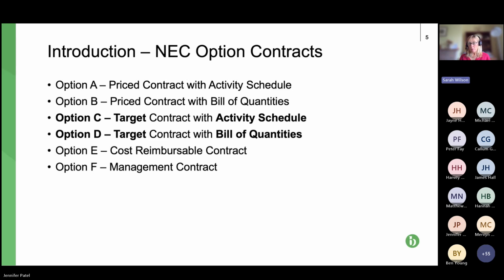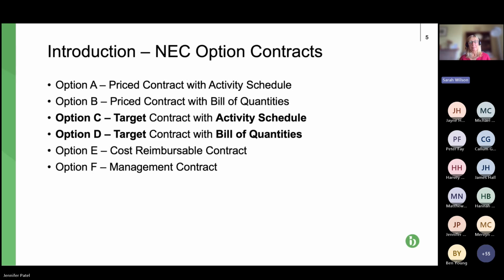As with option A and B, as with all fixed price contracts, the price can be increased, which might sound a bit counterintuitive. But of course, what if the client, the paying party, requests some additional work to be done? That would increase the price even though it's a fixed price.